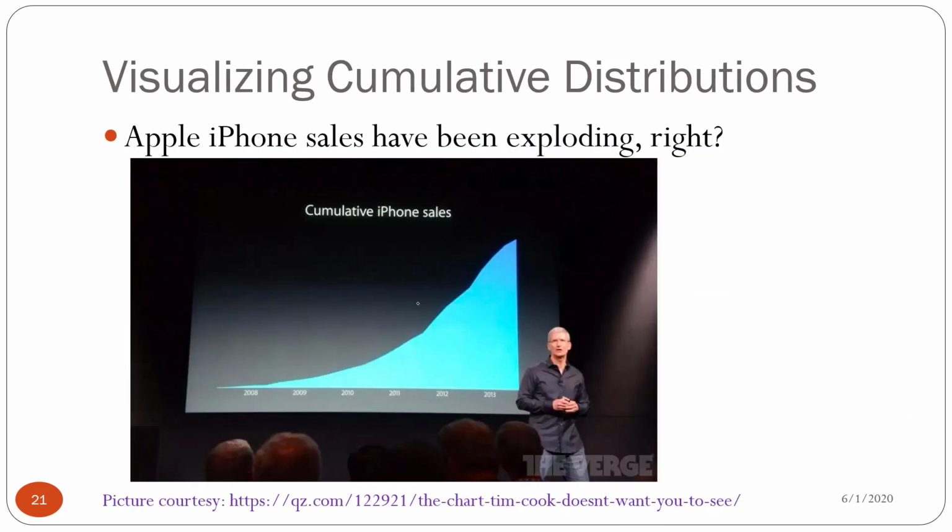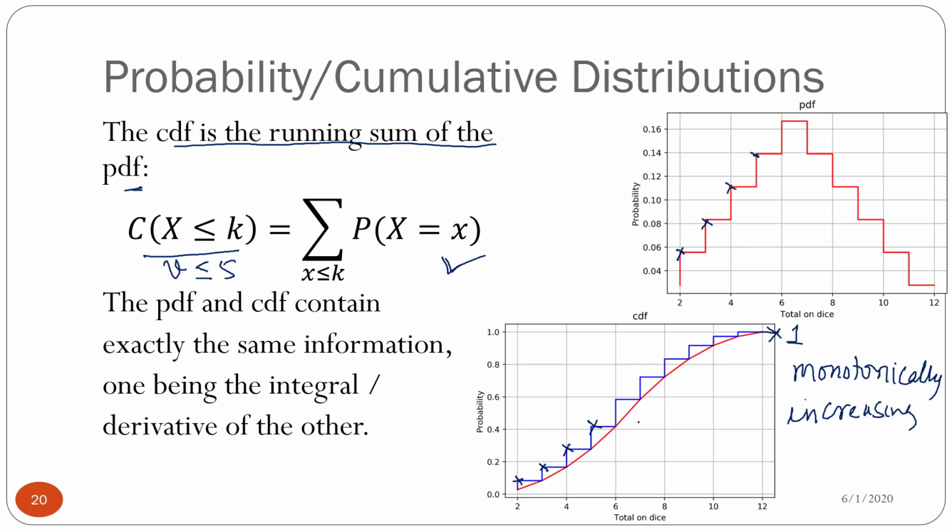Now there's an interesting thing about the cumulative distribution and the PDF. As I showed you, the CDF is monotonically increasing. That means it will increase, it will never go down.